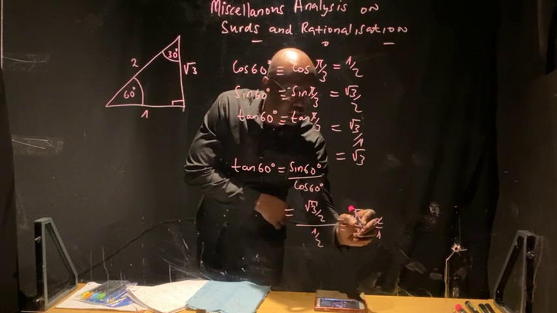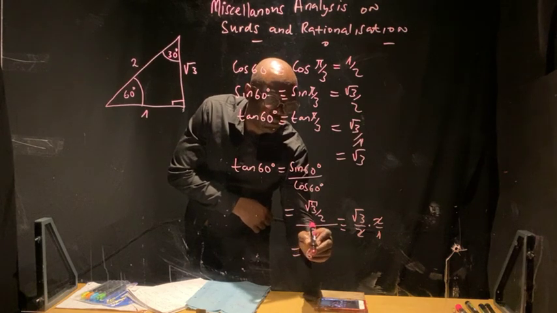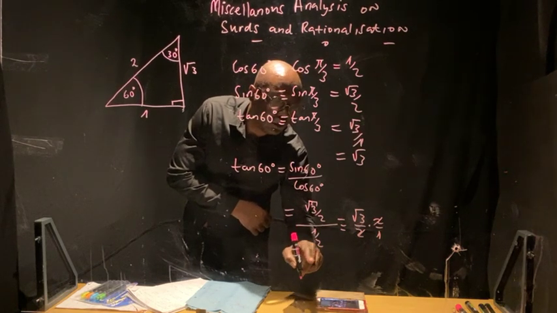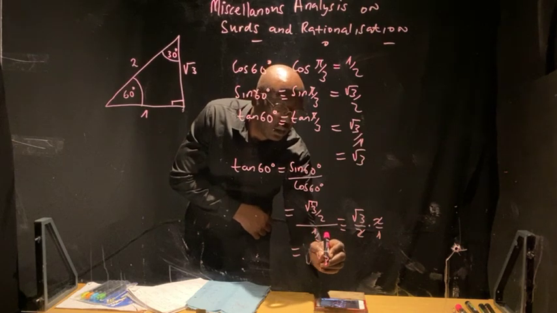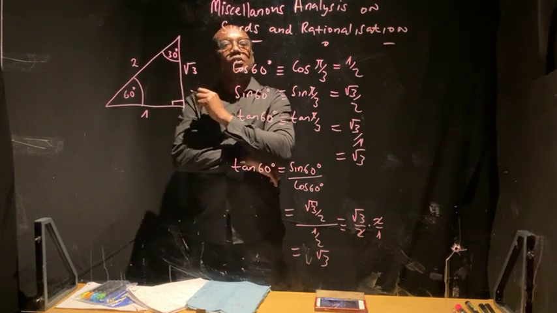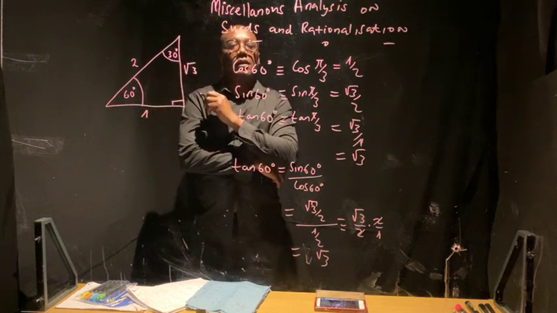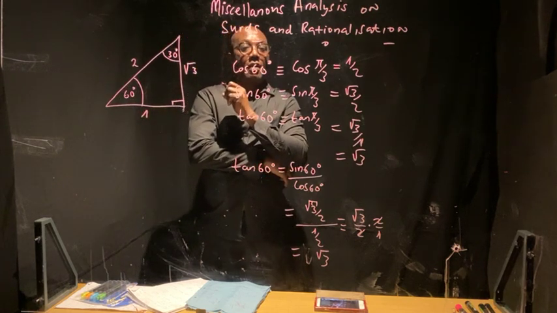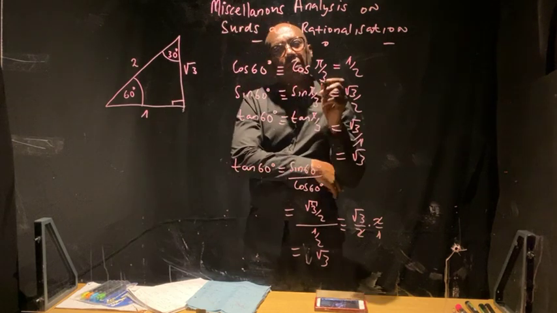If this one cancels this one, you can say that tan 60 or tan pi by 3 is equal to root 3. That is also another way. Okay.